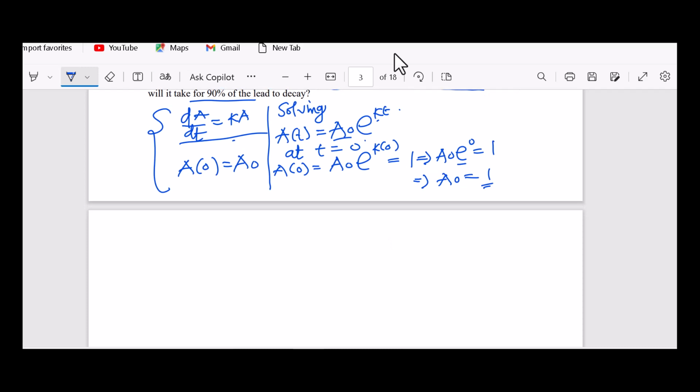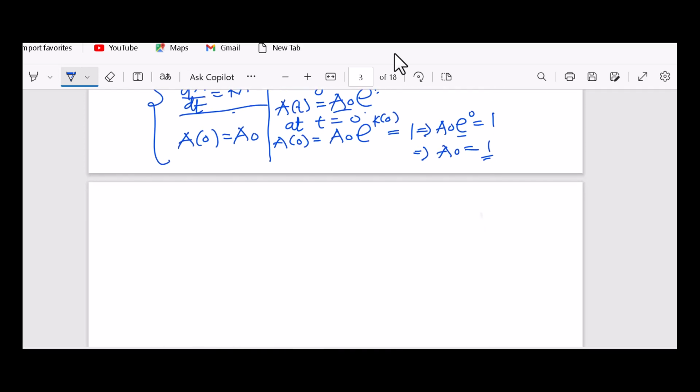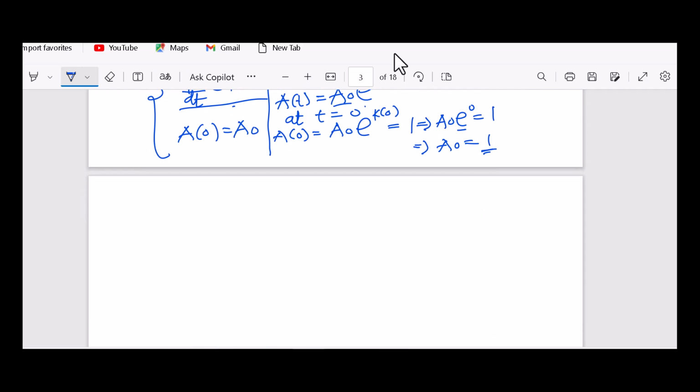Now let's solve for the k. To solve for the k, they said something here. The half-life is 3.3 hours. Good. So it means that if our initial value A naught is 1, then the half-life is the amount of time needed for half of this substance to decay.